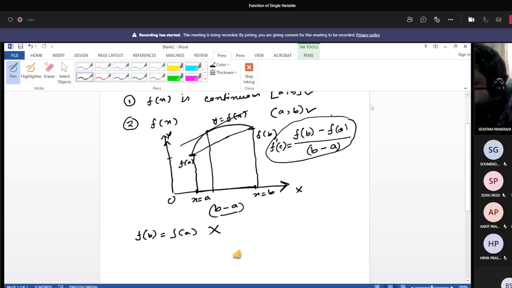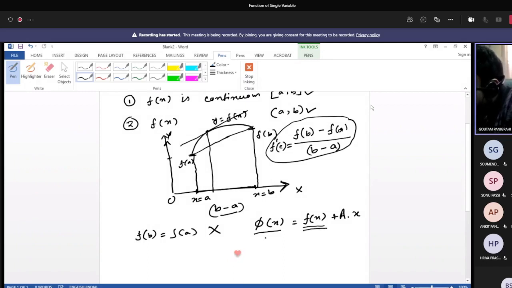First of all, suppose you have taken a function phi(x) equals f(x) plus capital A, a constant, into x. Now here the assumption is, as f(x) is continuous, phi(x) is continuous. As f(x) is derivable, phi(x) is also derivable, because it is only a constant into x.